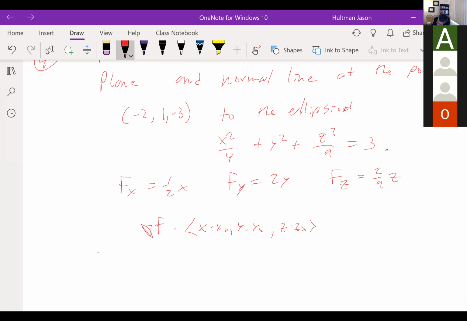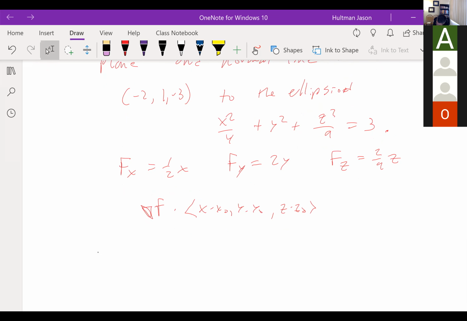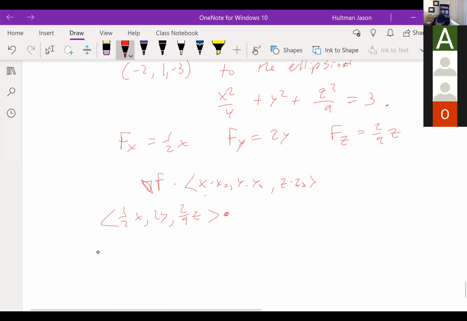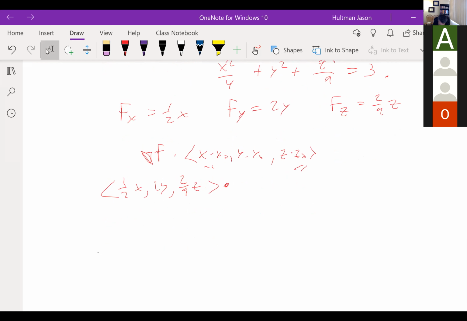Okay, so let's plug this all in. This is going to be 1/2 x, comma 2y, comma 2/9 z, dotted with these guys here, dotted with, I'll just put some quotes here, is going to give me my normal line.